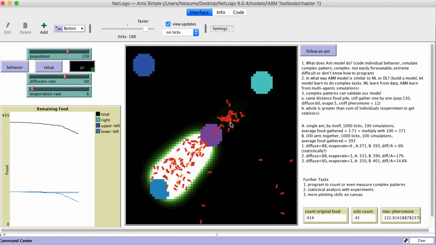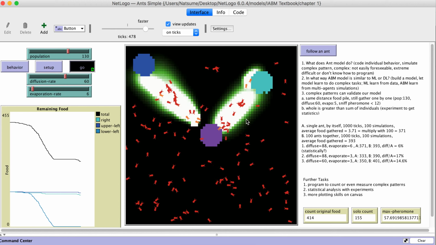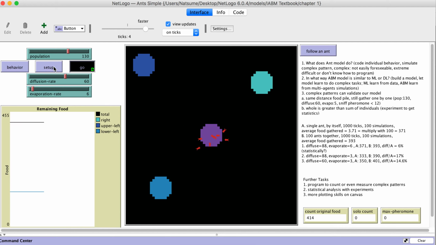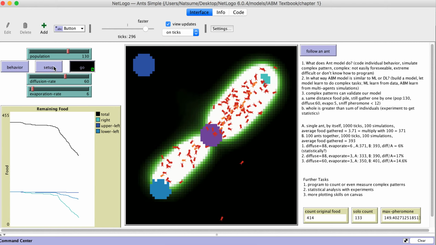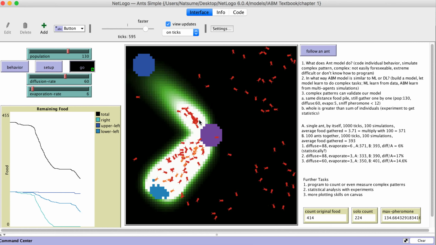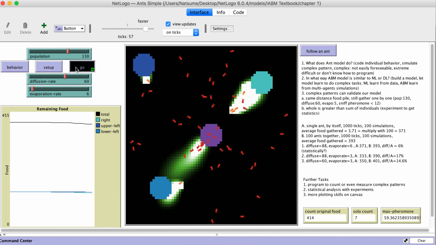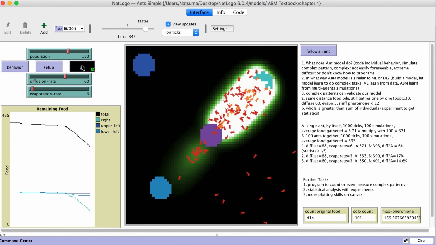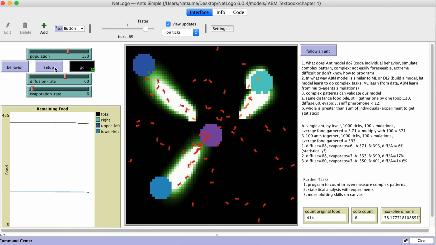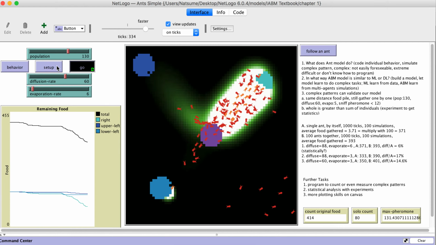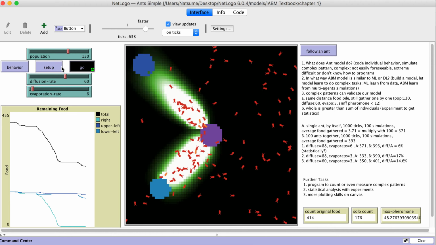But sometimes it does not work that well. Okay, this one works okay. Fine. But sometimes it does not work as we wish. So far it's all worked fine.